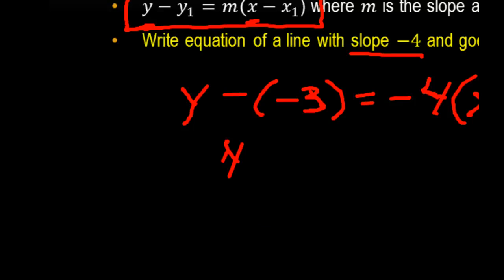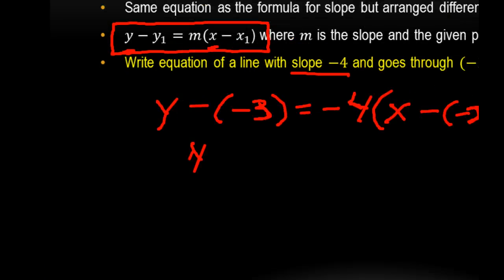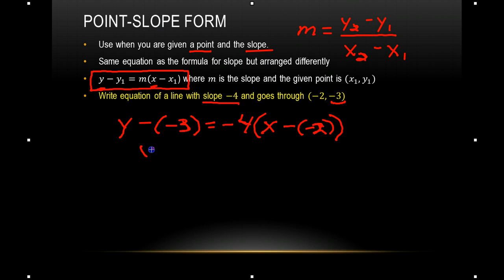So we have our y plus 3 equals negative 4 times x plus 2. And this would be your equation in point-slope form.